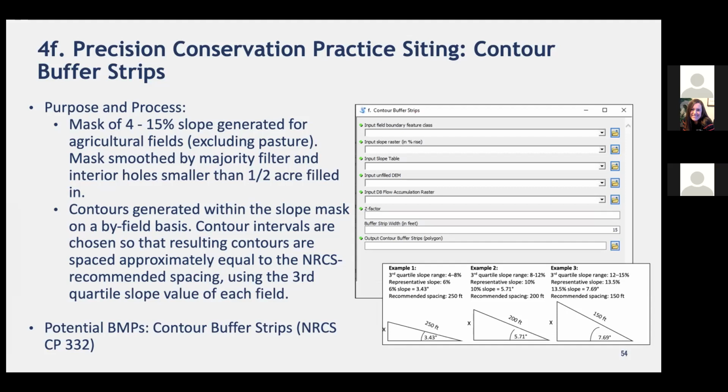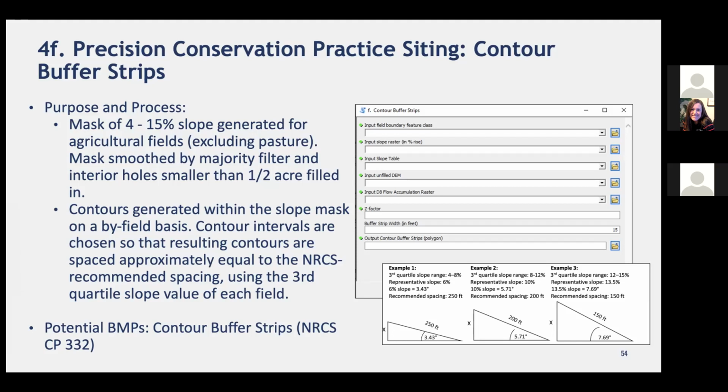So for ACPF, there's a mask of between 4 and 15% slope, which is generated for agricultural fields. So that means that what we're looking for there are areas in those fields between 4 and 15% slope.